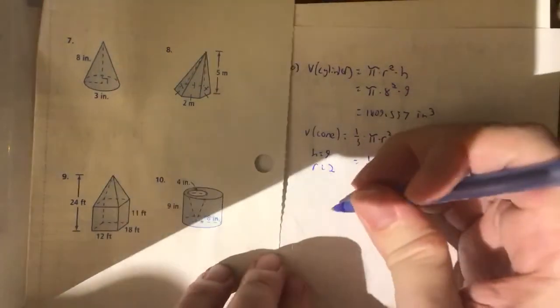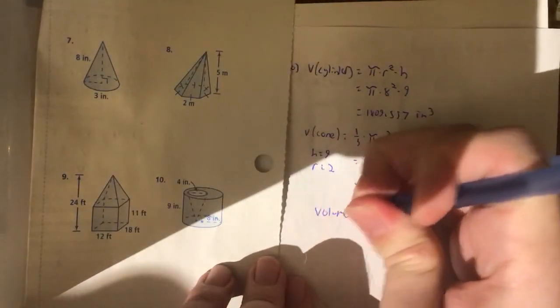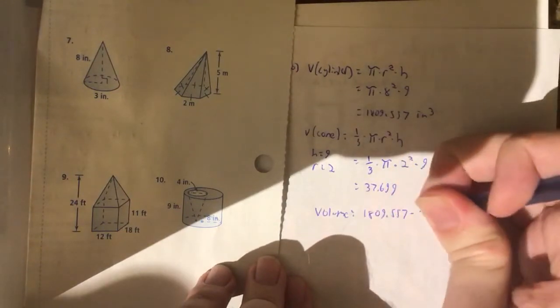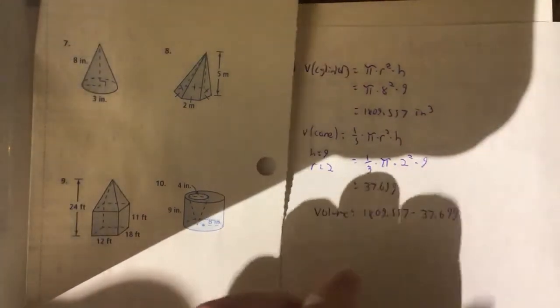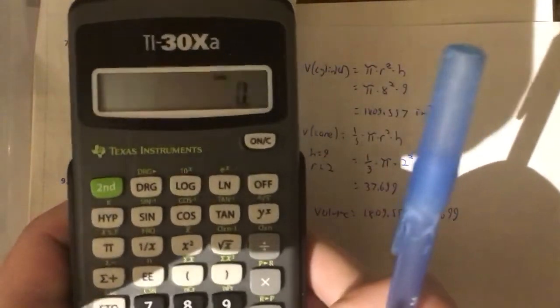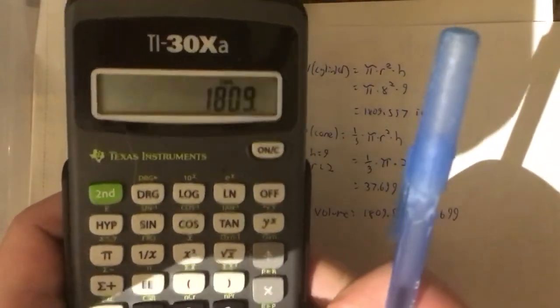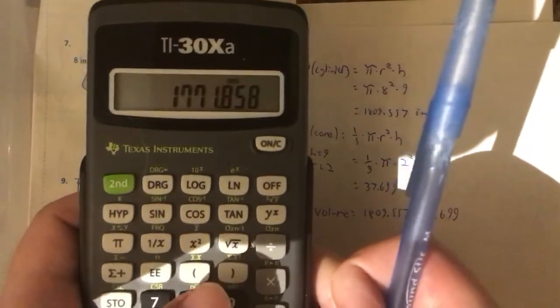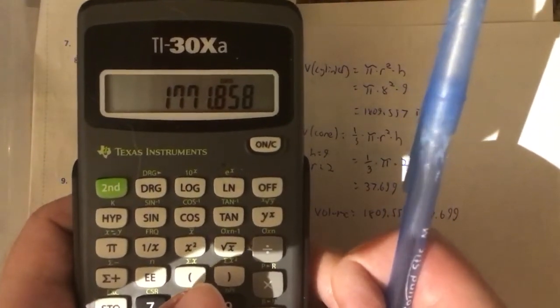For the cone. So the entire volume, I just subtract the two pieces, 1809.557 minus 37.699. So put that in, 1809.557 minus 37.699. That gives me 1771.858.